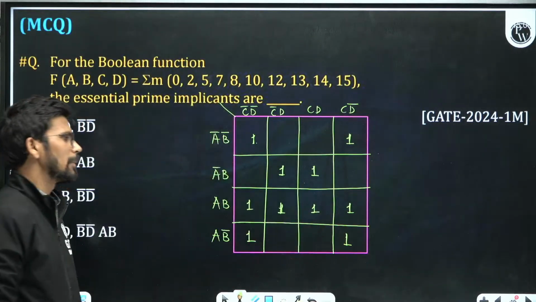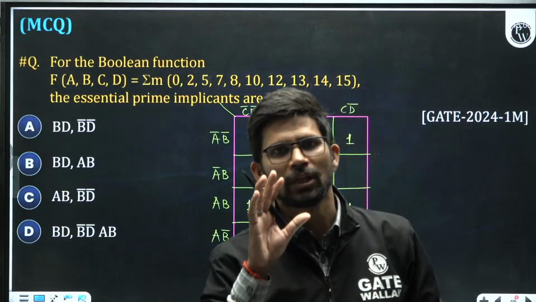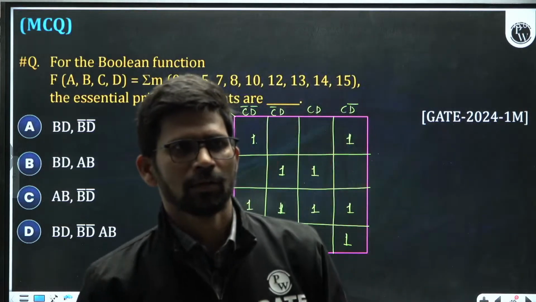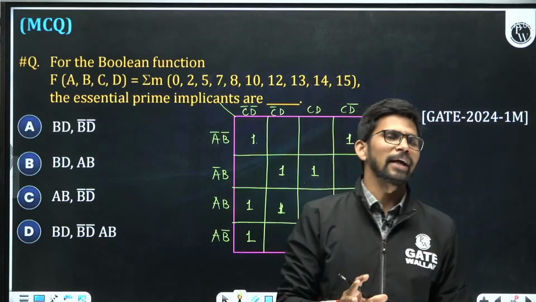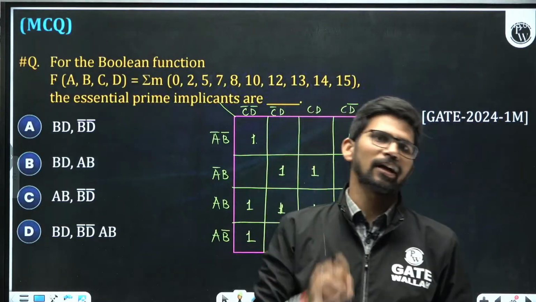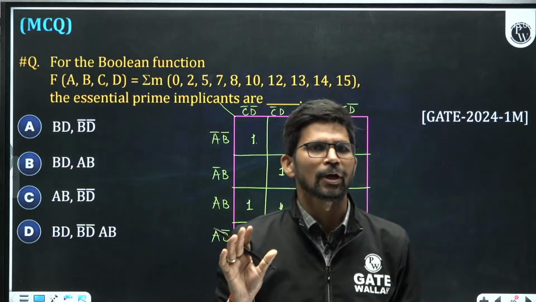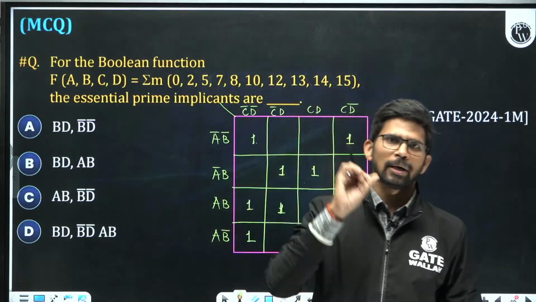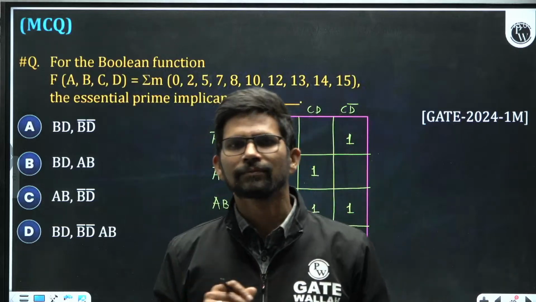How many prime implicants are there first? Firstly, I am asking you to find out the number of prime implicants here. Everybody, please answer. If you can find out the number of prime implicants correctly, then believe me, you will be able to find out the number of essential prime implicants 100% correctly.